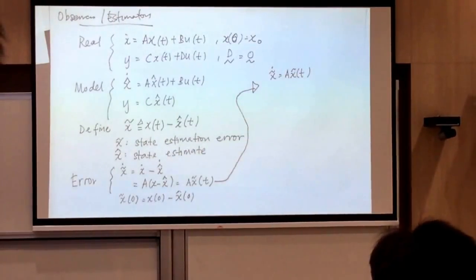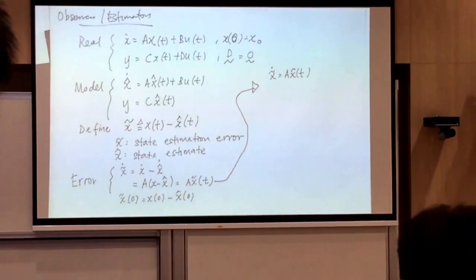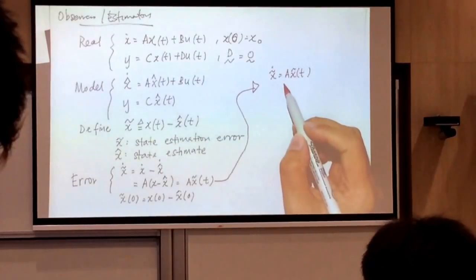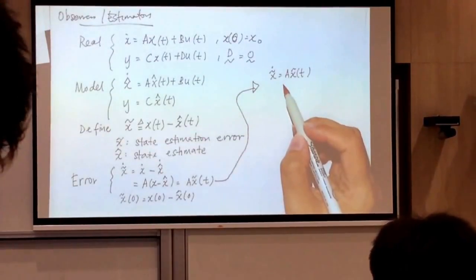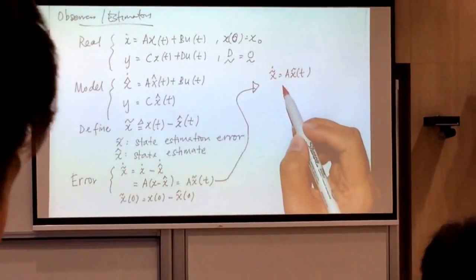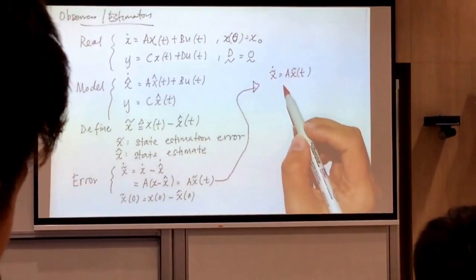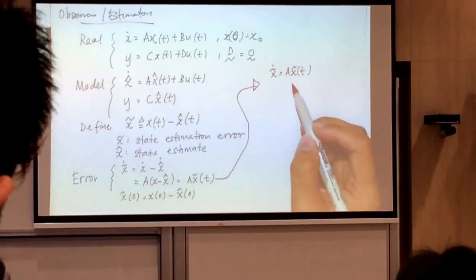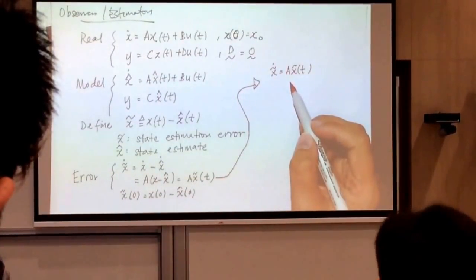What I want to tell you now is that the dynamics are decided by the eigenvalues of, any guesses? You only have one matrix here, A. So the dynamics are decided by the eigenvalues of A.